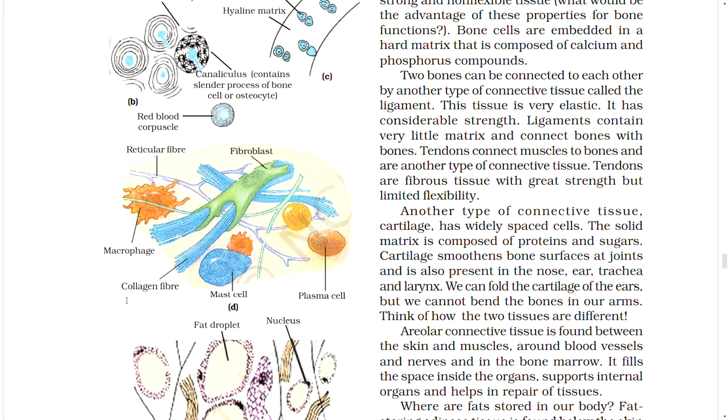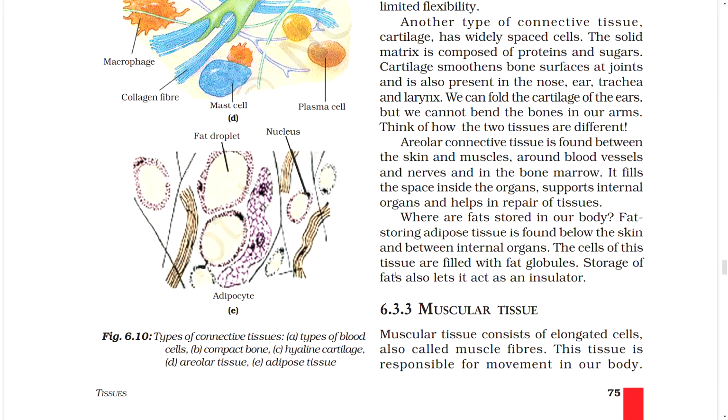Macrophage, collagen fiber, mast cell, plasma cell. Blood droplet, nucleus, adipocyte. Figure: The types of connective tissues. A. Types of blood cells. B. Compact bone, hyaline cartilage. D. Areolar tissue. E. Adipose tissue.